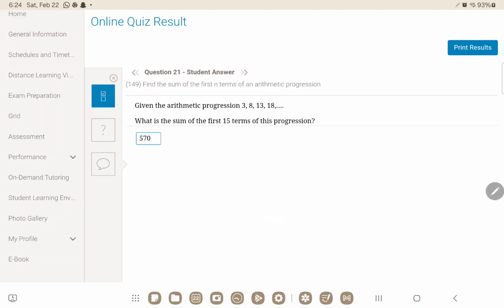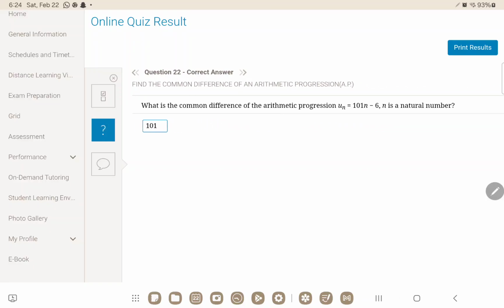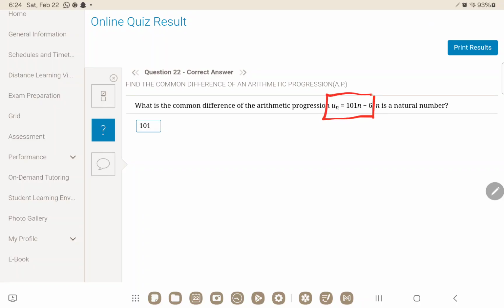Now, moving on. Okay, so what's the common difference of an arithmetic progression, AP? So now they gave us this: UN is 101n minus 6. Now for this, what they want us to do... So how do we solve this? We first need to know one thing: the formula.